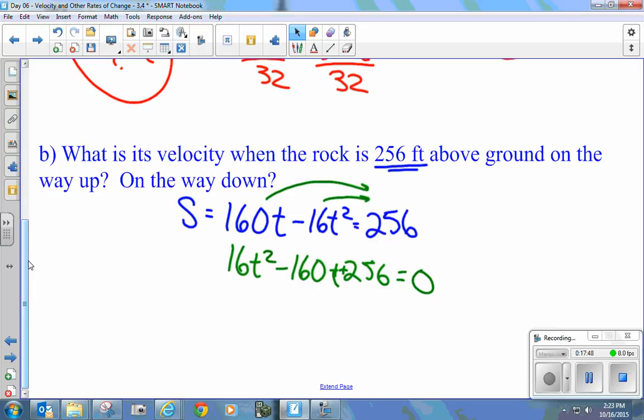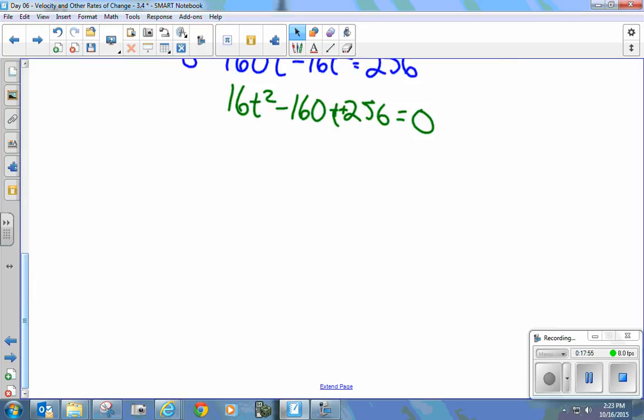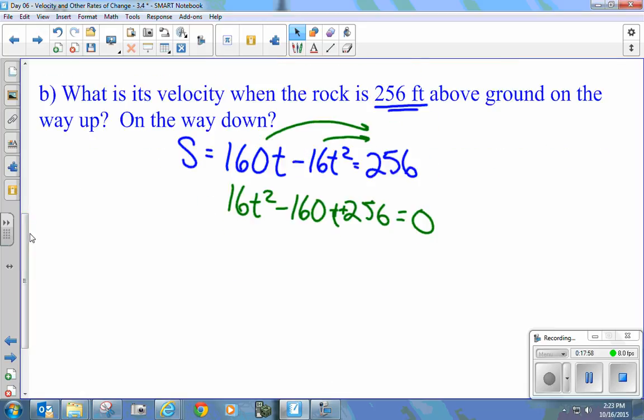Because I add 16t squared to both sides, so it's positive. That's a legit question. So now, if I know the time that it's at this height, then I can figure out the velocity, correct? Well, I can definitely factor out a 16 first.